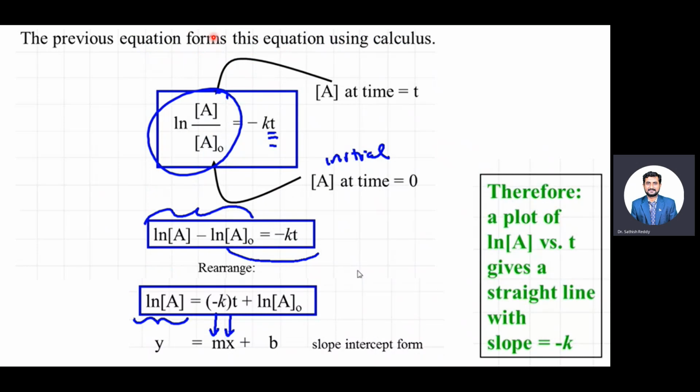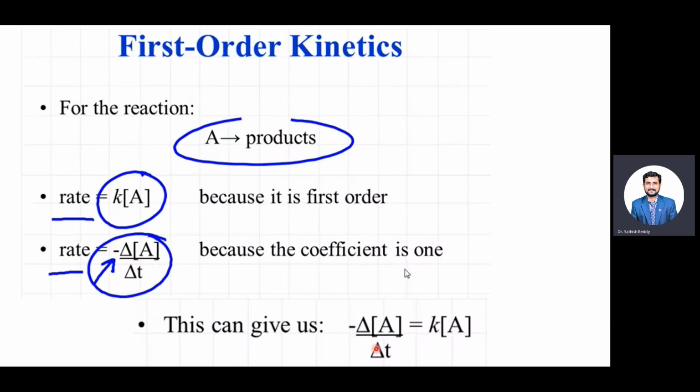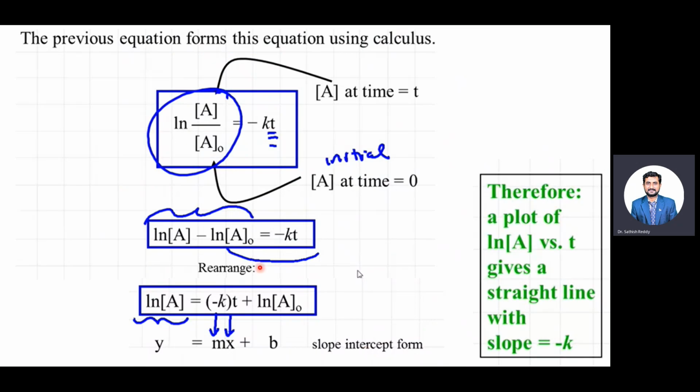When calculus is applied to this equation, we get the equation ln of capital A divided by A naught, where A naught is the initial concentration at 0 time and A is the concentration at time t. This gives minus Kt.